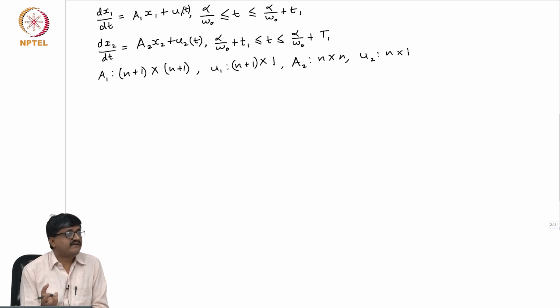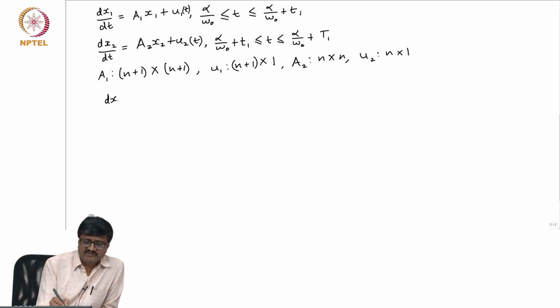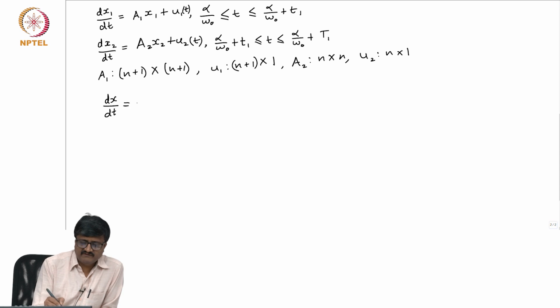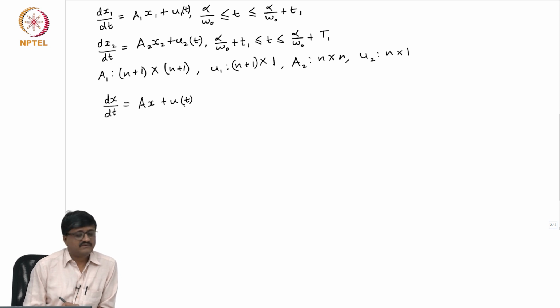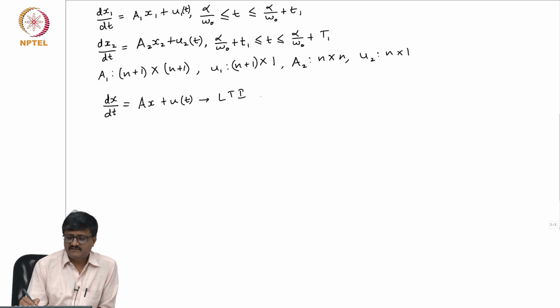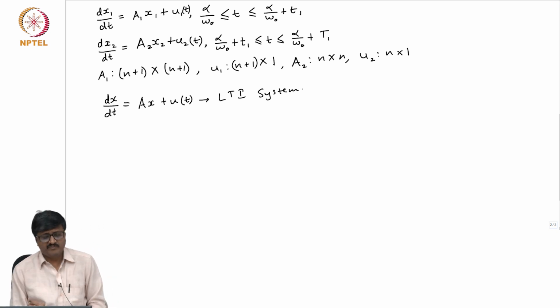Now, this is a linear time invariant equation, the solution is well known. I am assuming that you know the solution of this equation. Suppose x is a column vector and I have a linear time invariant equation in the form of a first order vector differential equation, dx by dt is equal to Ax plus u of t. So, this is a linear time invariant system, and it has one more speciality.